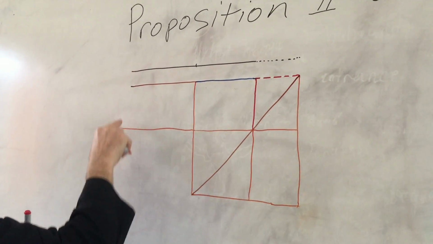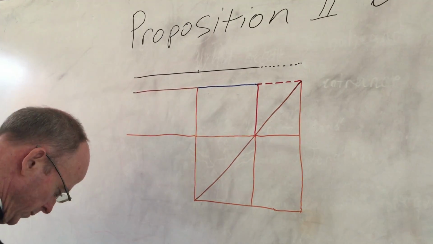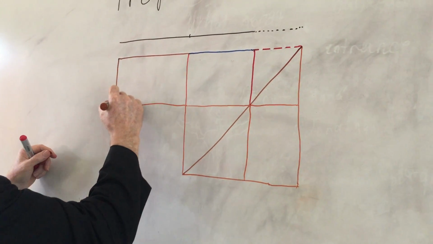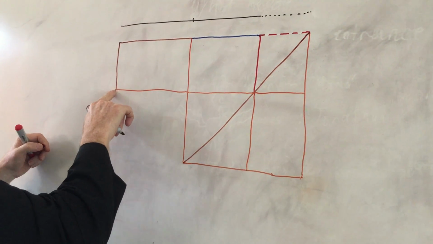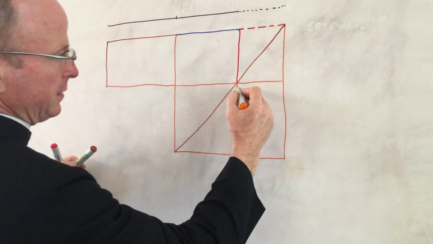So it'll be parallel to this. Cut it. Drop this, let's do it with this color. Drop this parallel to this. So given a line and a point not on it, draw a line parallel to a given line. Great. Now let's just color some things in to make it easier for you to see.